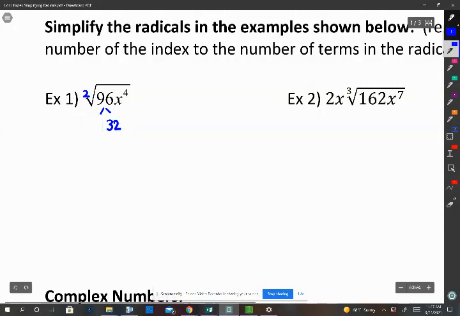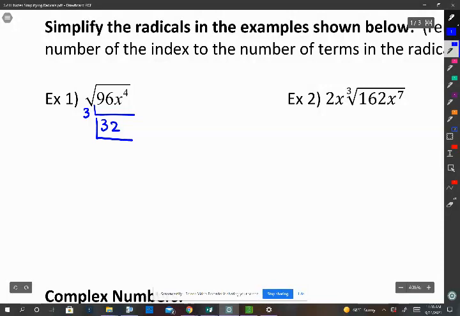Another way to look at this is we can just divide it out. So if I look at 96, I'm going to divide by 3, and we get 32.